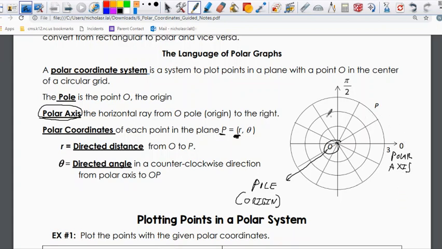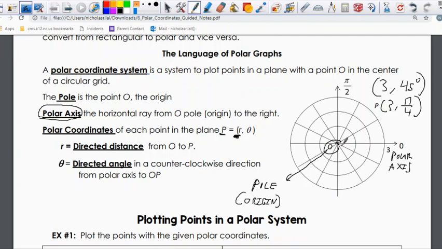Let's say we have the polar coordinate (3, 45 degrees), in degrees, or we can describe this as (3, pi over 4).